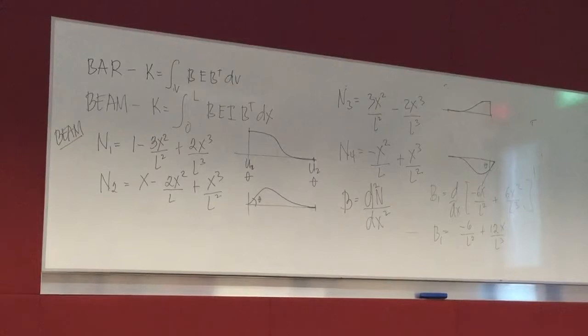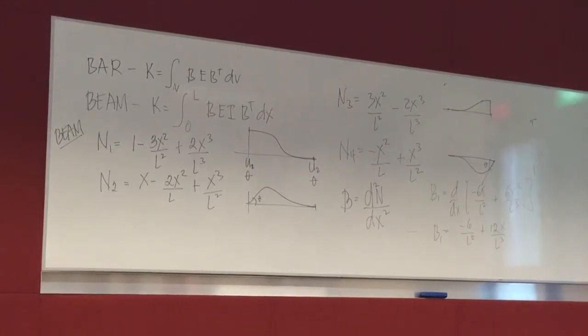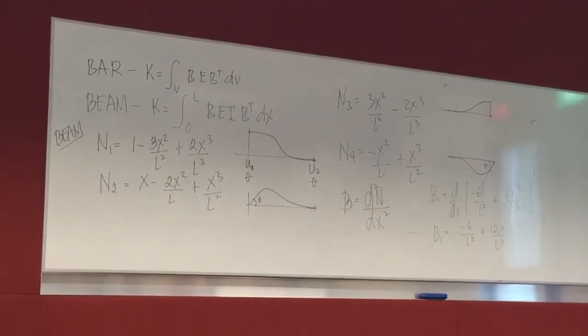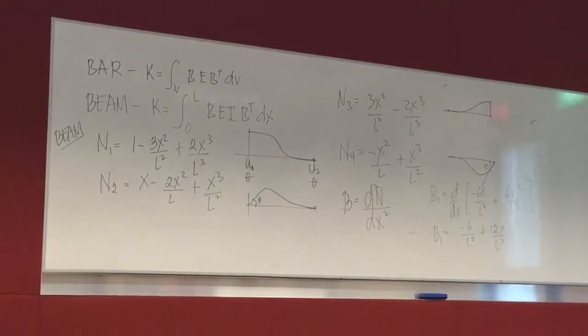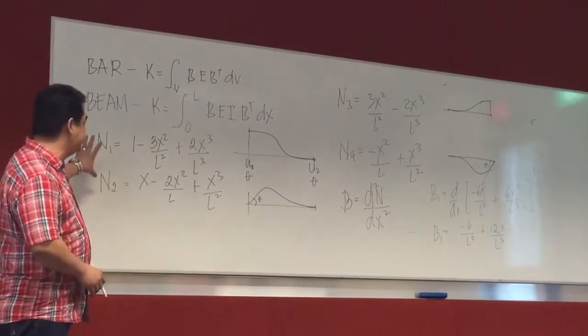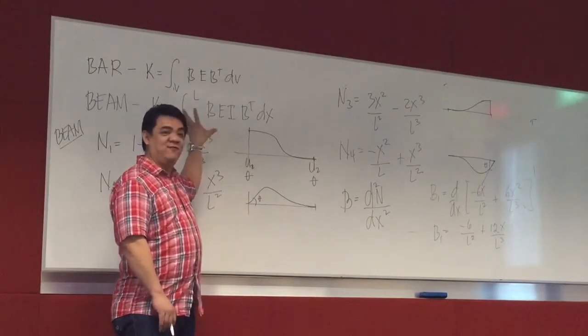Basically, you are now only finding a B value, but you still have to find E and I. The I from the last lesson is the integral of y squared dA, and you have to convert your dA into dx. We're not talking about weak form or anything here, just straightly substitute: get your B, substitute it here, and then solve for your stiffness matrix.